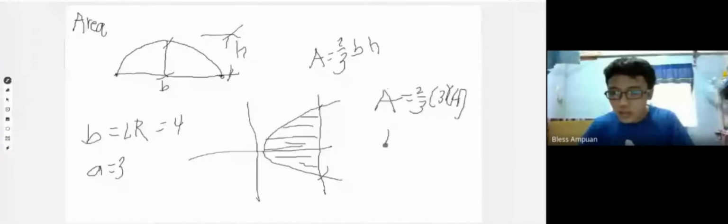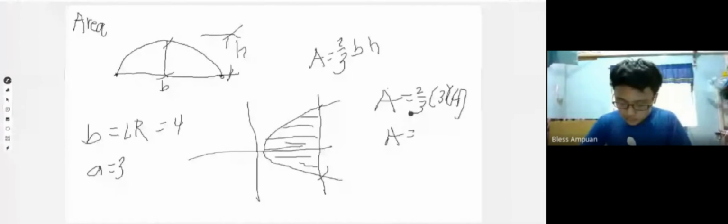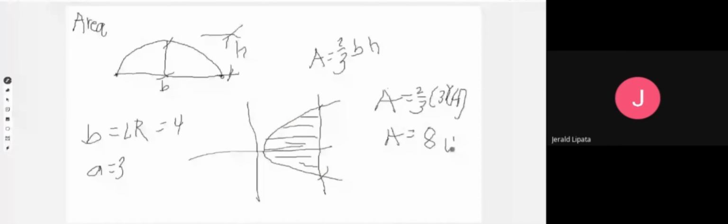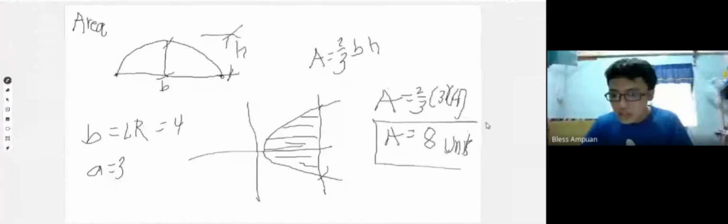Our area is equals to 8. Eight units. So ito siya natin area. Ayan na.